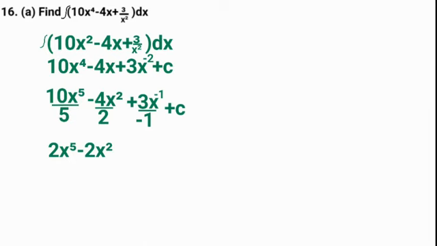Then I come to this term, where I've got positive 3x raised to the power of negative 1 divided by negative 1. So when we divide 3x by negative 1, it's going to give us negative 3x raised to the power of negative 1, then plus c.